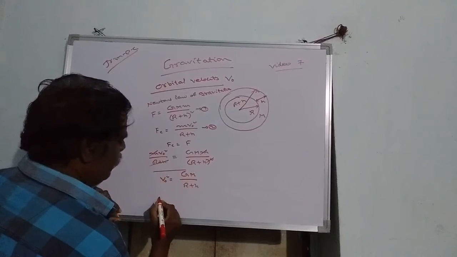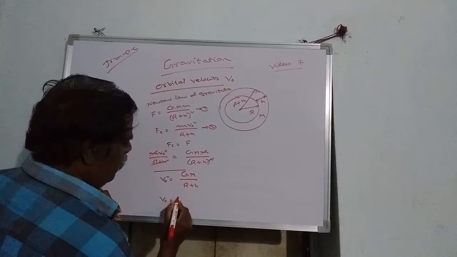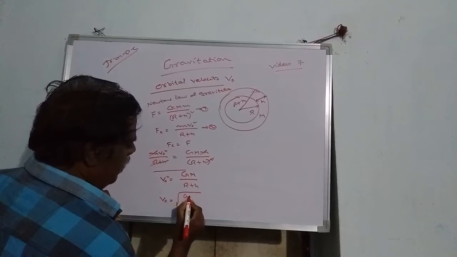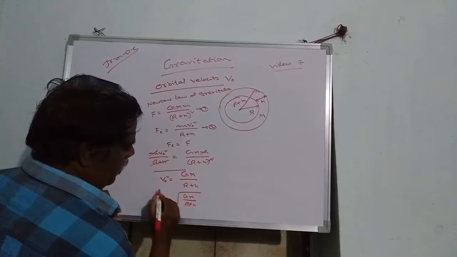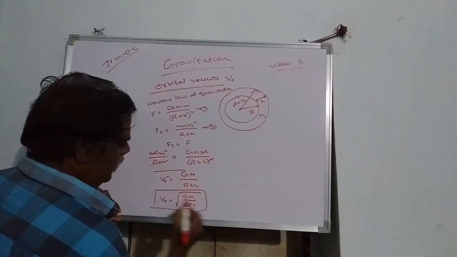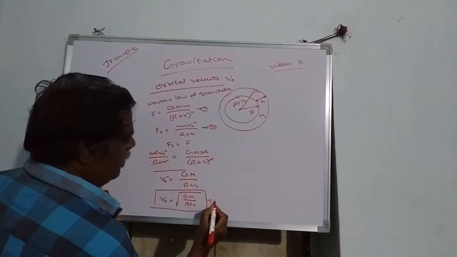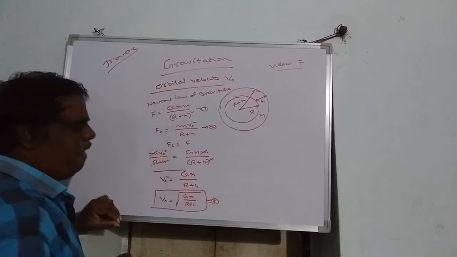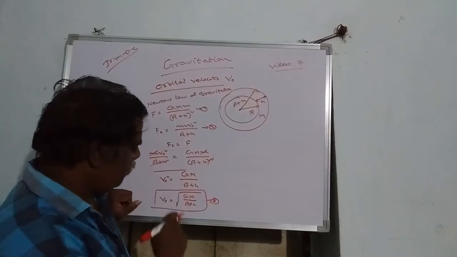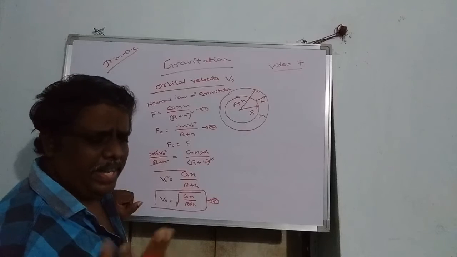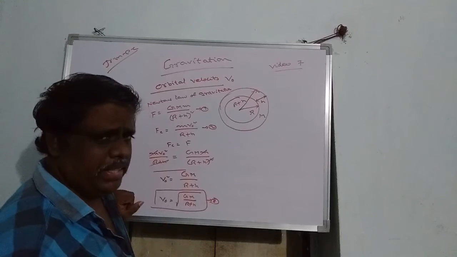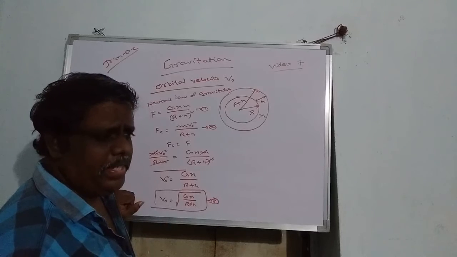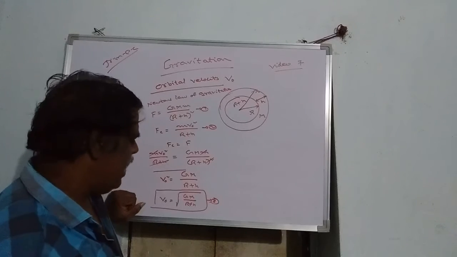Therefore v naught is equal to root over G M by r plus h. This is equation number 3. Here G is the universal gravitational constant, M is the mass of the planet, r is the radius of the Earth or planet, and h is the height from the surface of the planet.